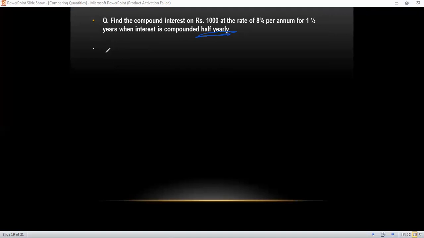As you know, here the principal is rupees 1000, rate is 8%, and time is equal to 1 1/2 years.